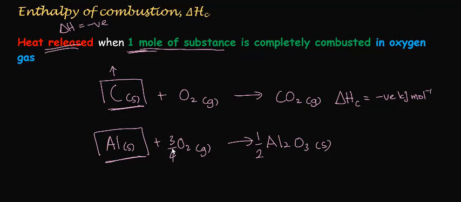If you times 3 with 2, we have 6 over 4, and 6 over 4 is equal to 3 over 2. So yes. And then put the delta H value. It must be negative because heat is released. So this is our thermochemical equation for the combustion of aluminium.